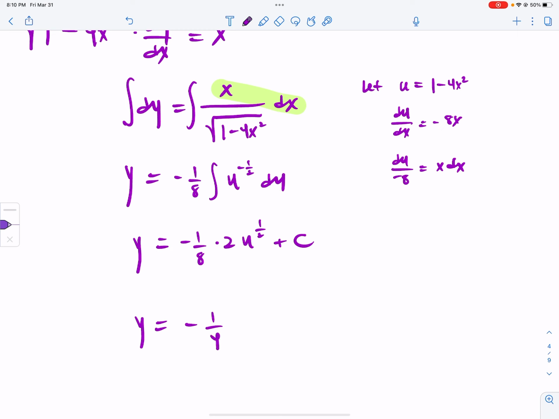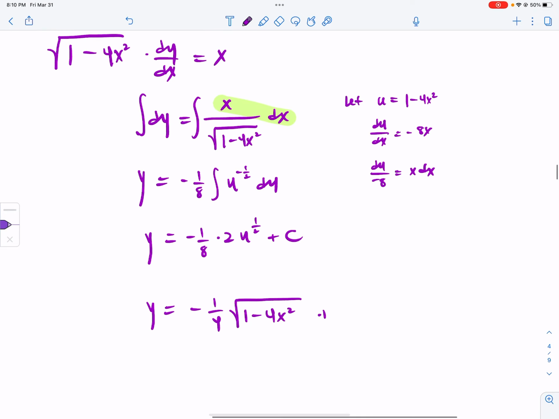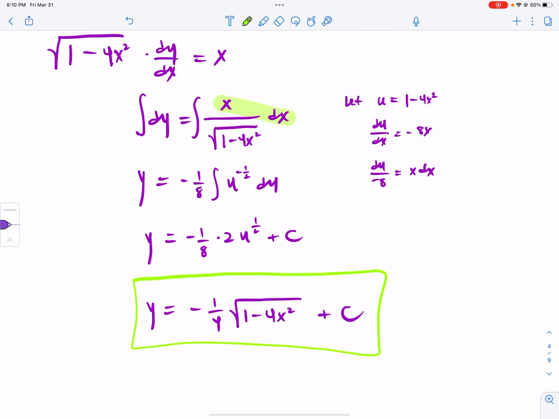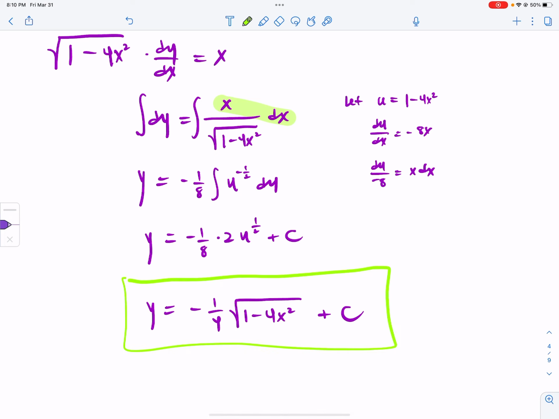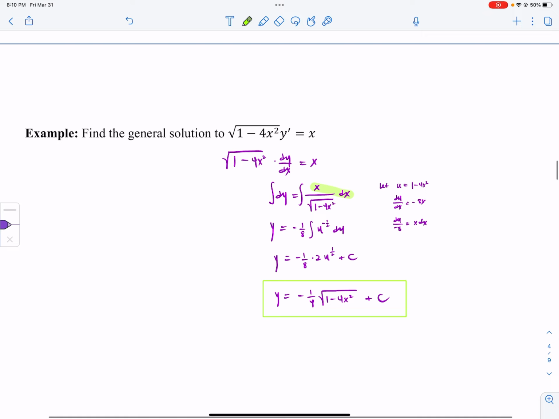So negative 1/4 times the square root of 1 minus 4x squared. Is this finding a particular solution? No. Plus c. So using what we already know, and then our new skill of separating the variables.